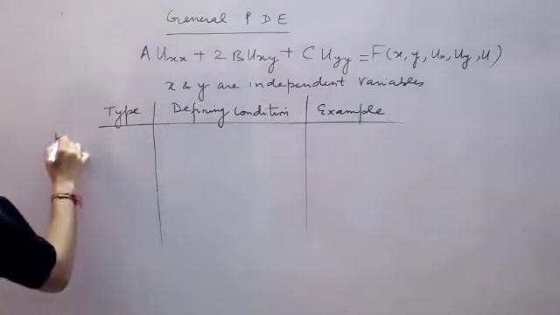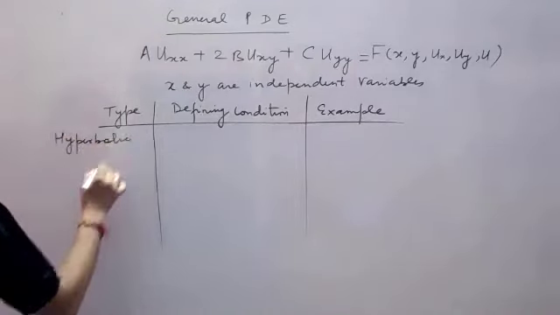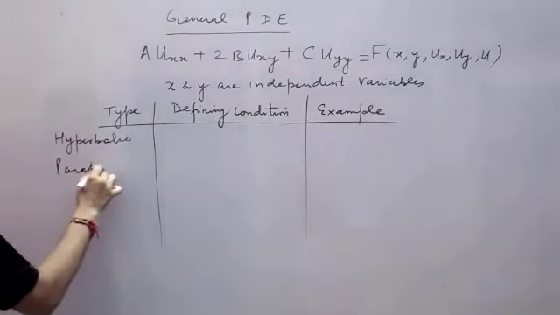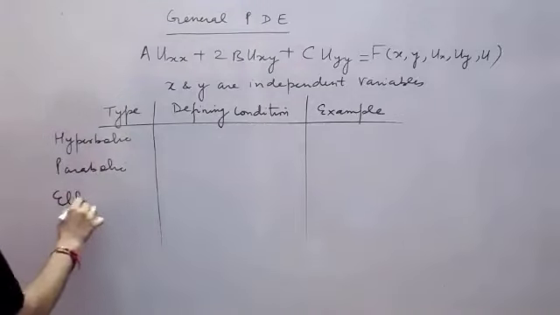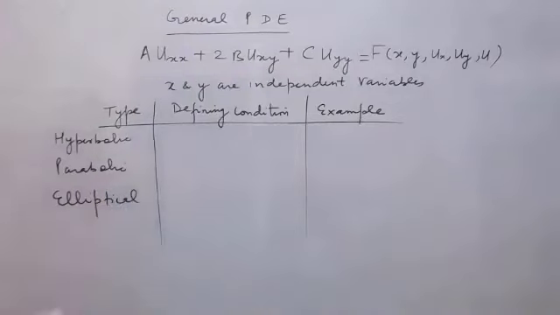So here write first hyperbolic, then parabolic, and then elliptical. Okay, hyperbolic, parabolic and elliptical.